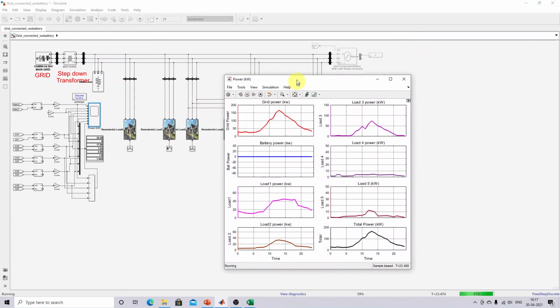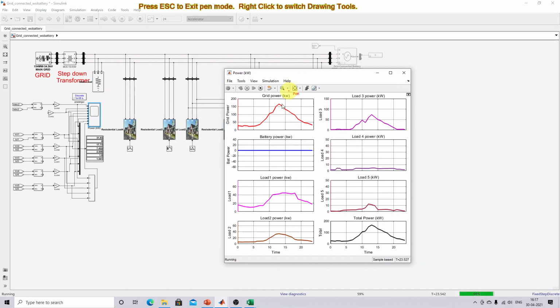So this is the variation of the power sharing of the grid, and then this is the battery power, because the battery is not connected with the system. So the battery power is always zero here.